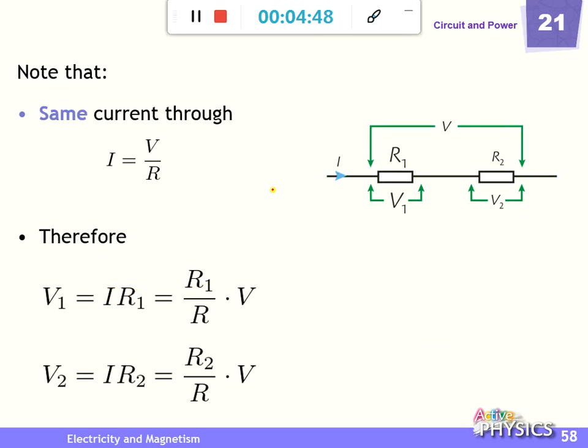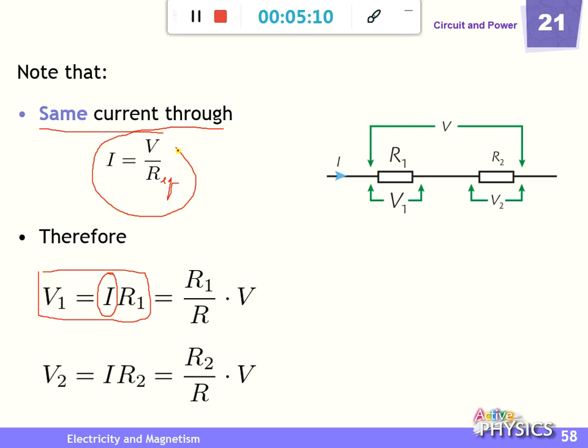And here will be the common current. We know that I should be V over R, where R means the equivalent resistance and V will be the total voltage. So if we use Ohm's law for the resistor R1, then we can see that I should be this.